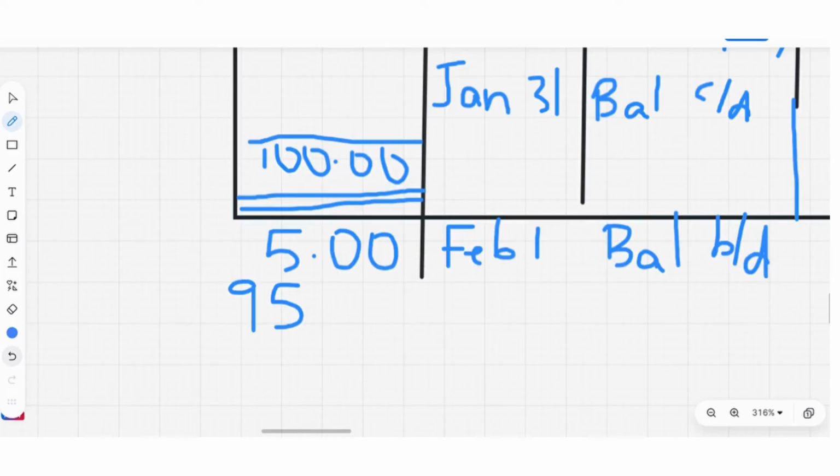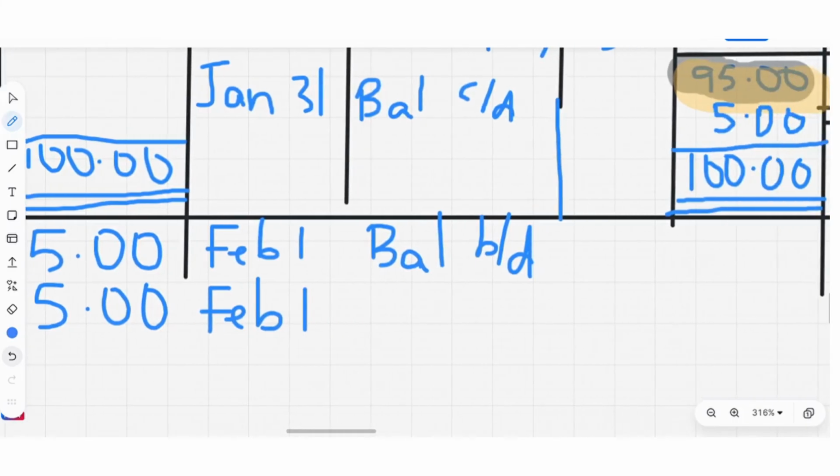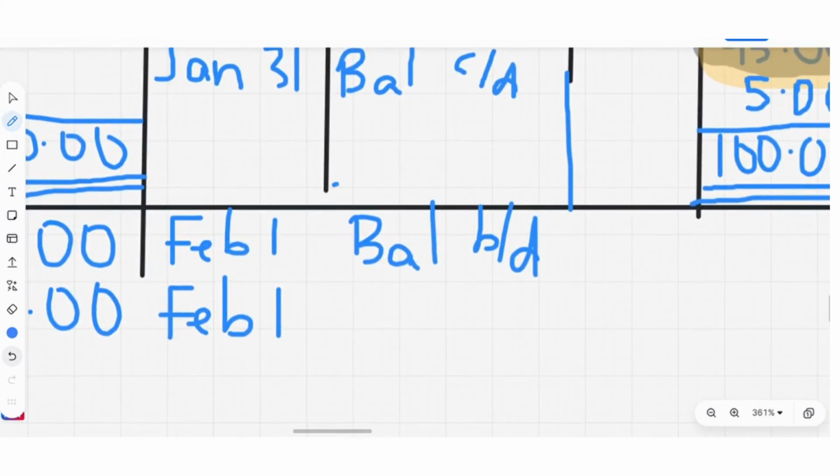So you had $5 before, and the petty cashier reimburses you with $95, which would equal the 100. You put $95 there, and February 1st is the same start of the month, and then now let's continue the lines there.